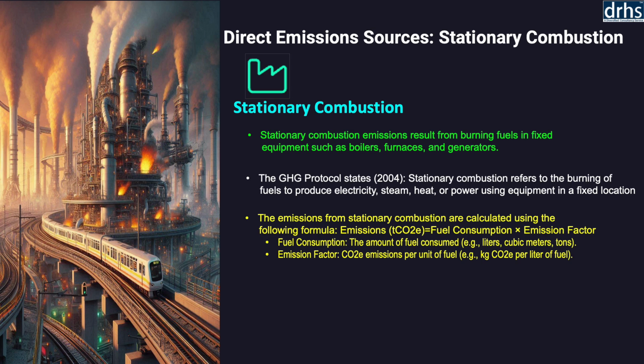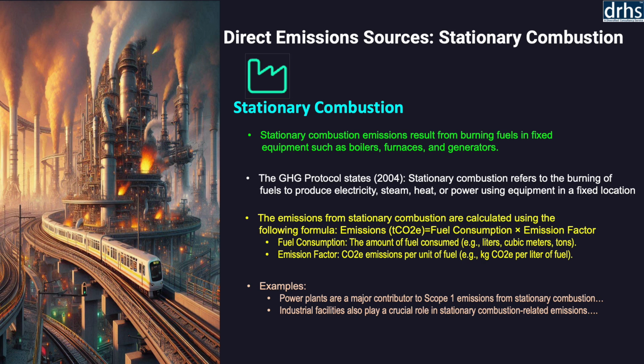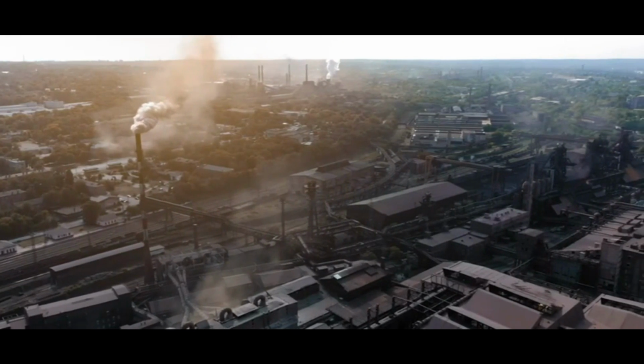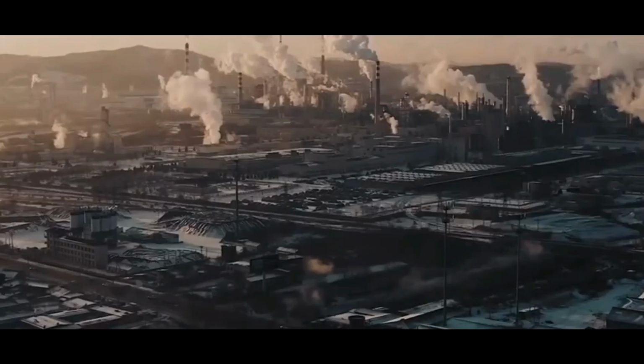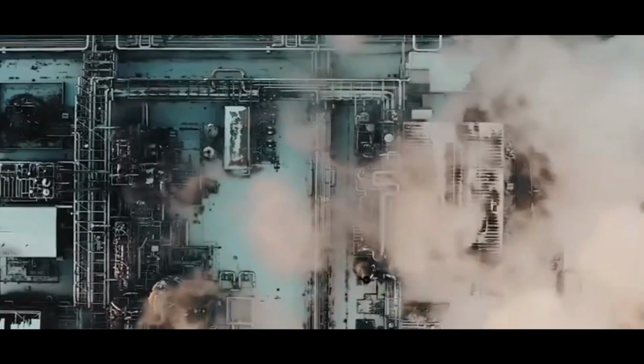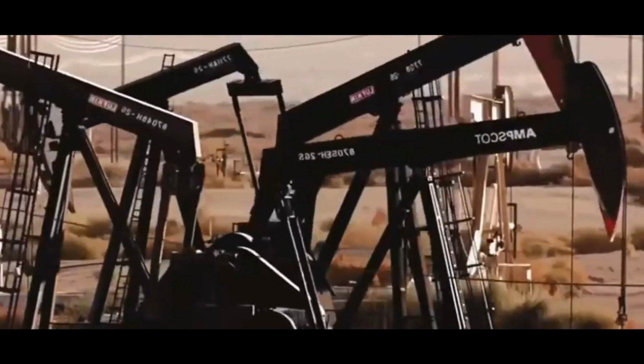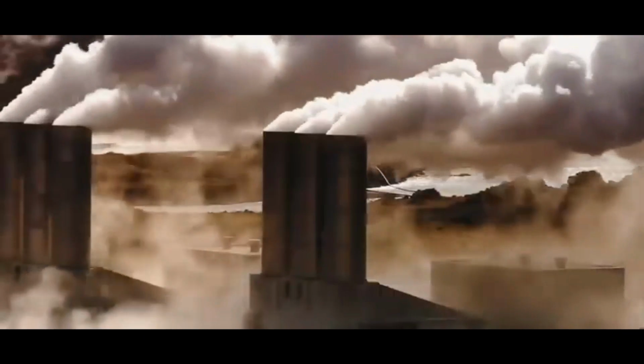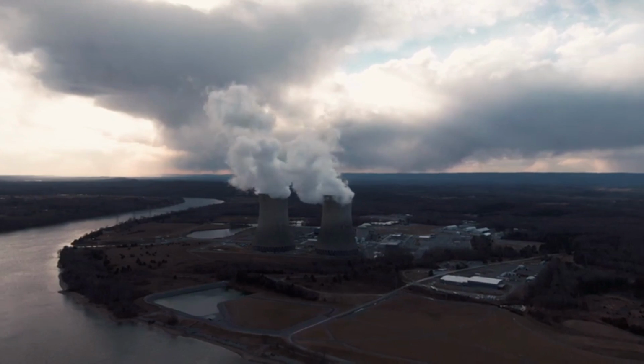The primary greenhouse gas emitted through stationary combustion is carbon dioxide, a potent greenhouse gas that contributes to global warming. Examples of this category encompass the burning of fuels at fixed locations such as power plants and industrial facilities. Power plants are a major contributor to scope 1 emission from stationary combustion.